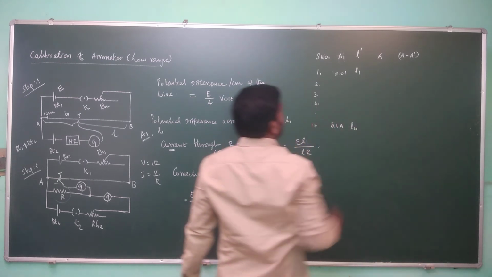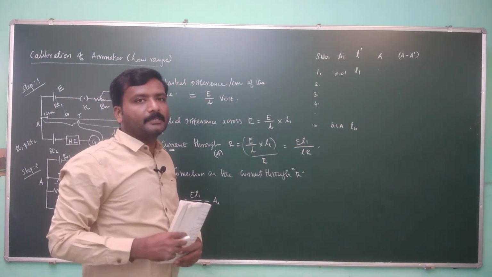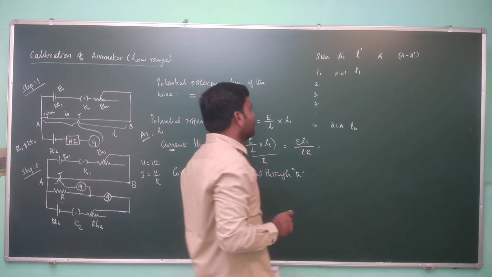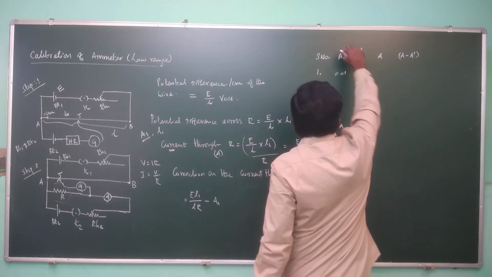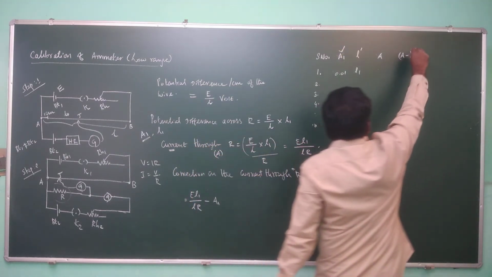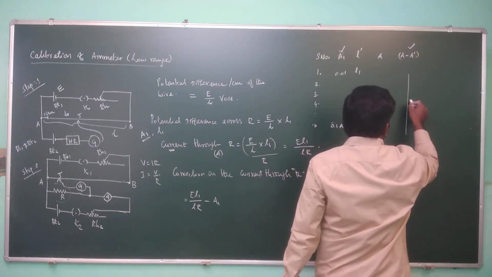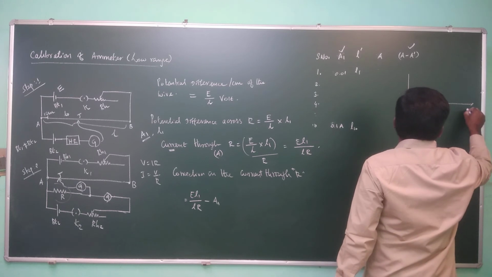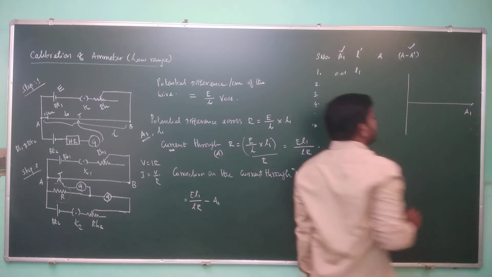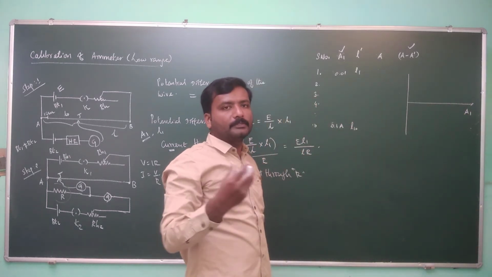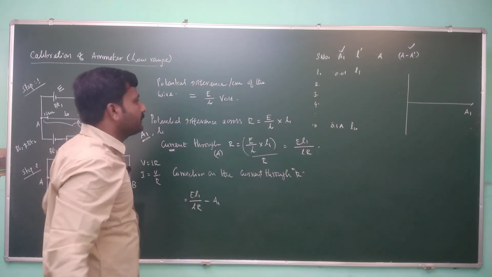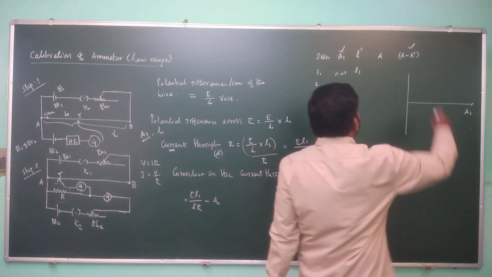So you get n different A minus A prime values. Now what we have to take? We have to take these values and make a graph. The measured ammeter values A1 go on the x-axis and the error on the y-axis.